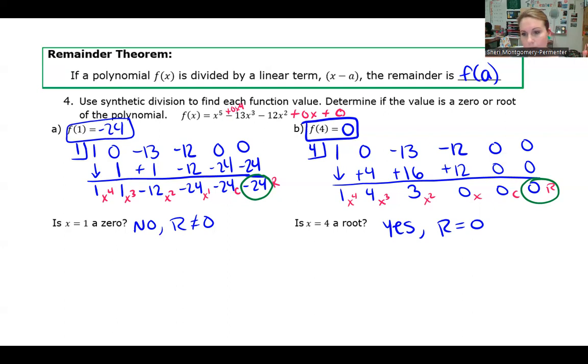So you guys are doing C and D on your own. Let's make sure we get the same answer.